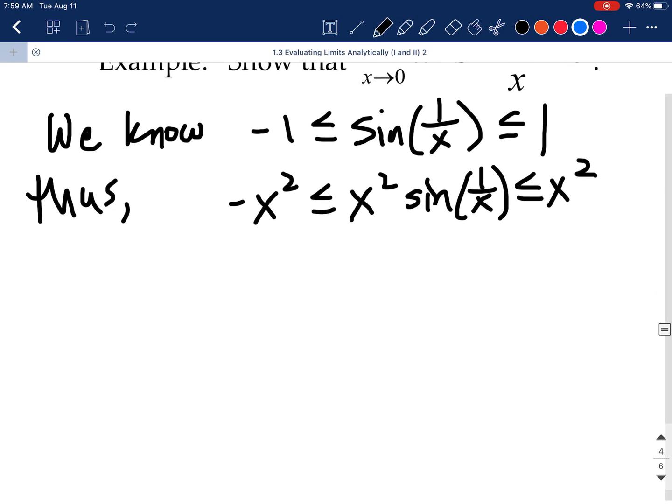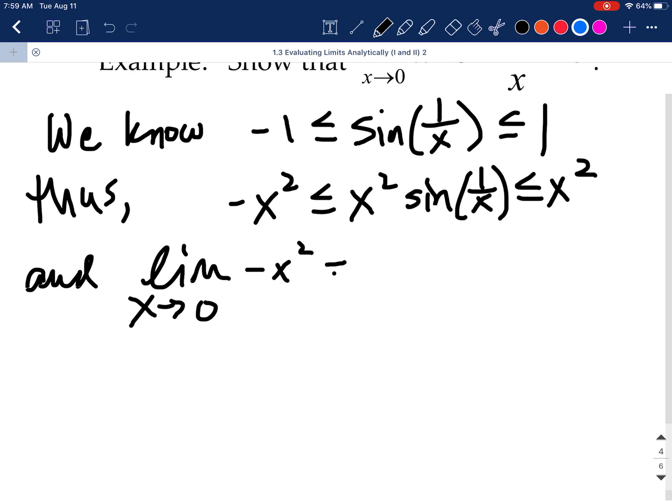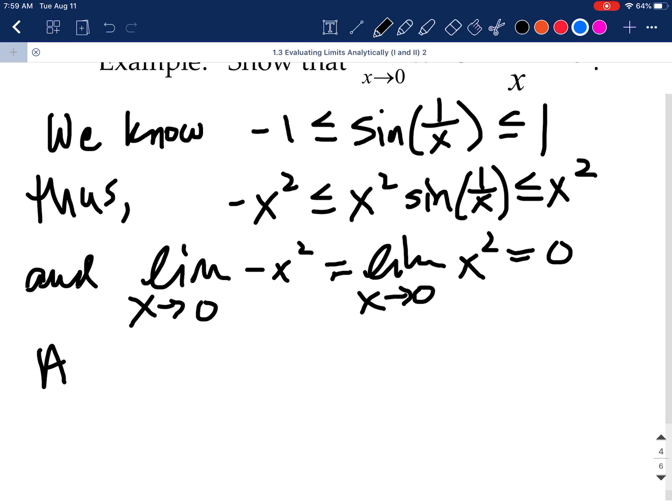All right, so the limit as x approaches 0 of negative x squared is the same as the limit as x approaches 0 of x squared. Boom, our condition is met. So that equals 0.